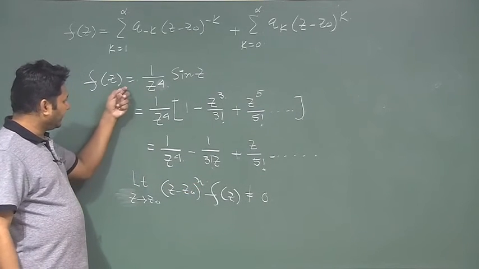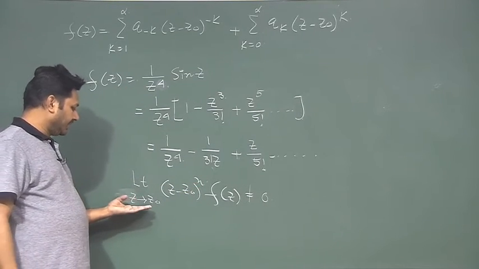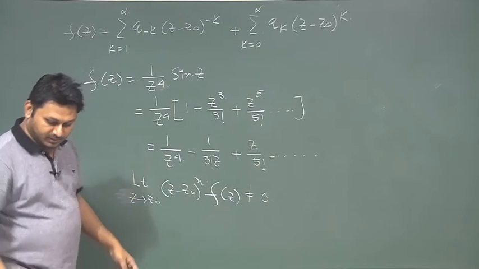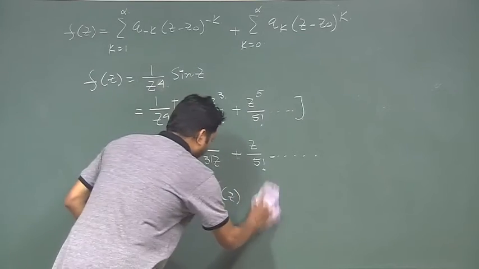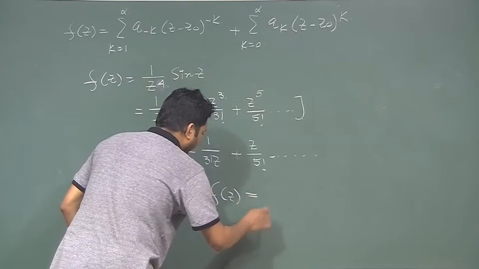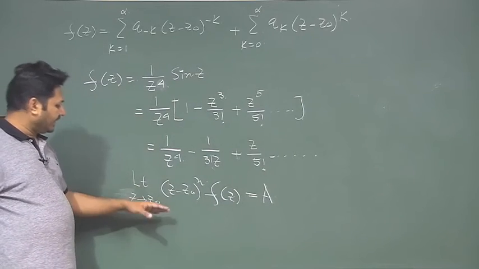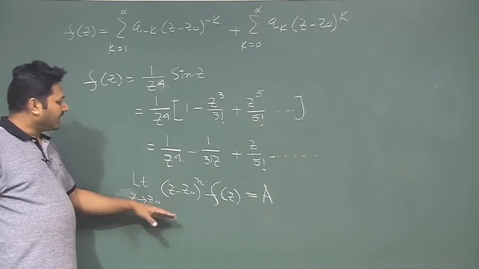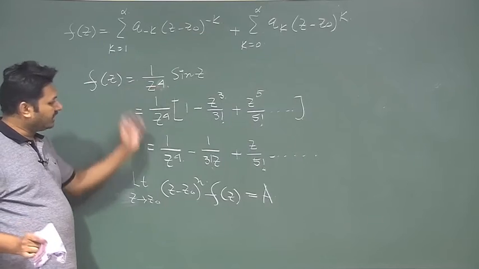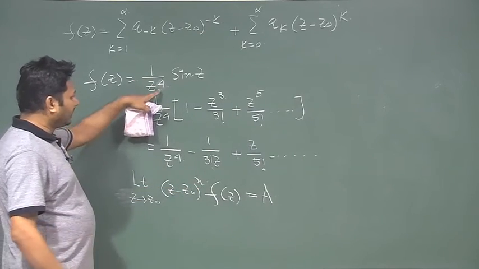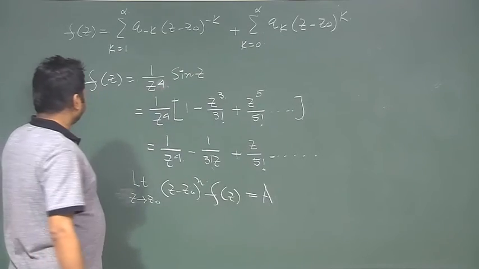If I multiply the entire function by z to the power 4 and take the limit at z equal to 0, you will find that it is not equal to 0 or infinity, it has some value a. If the limit exists here, then we can say that this function has a singularity of order n. So here the order n seems to be 4.